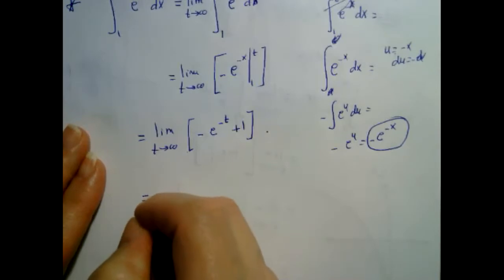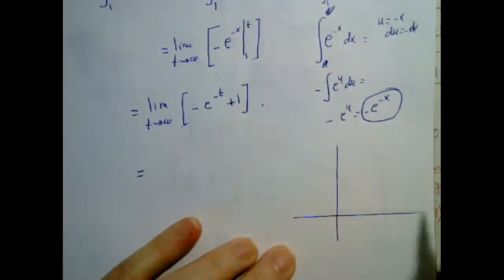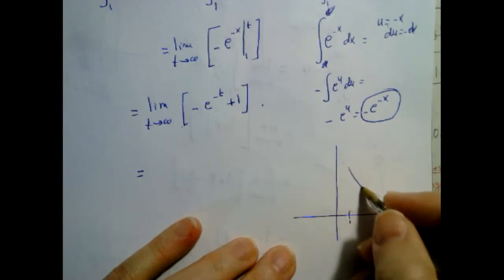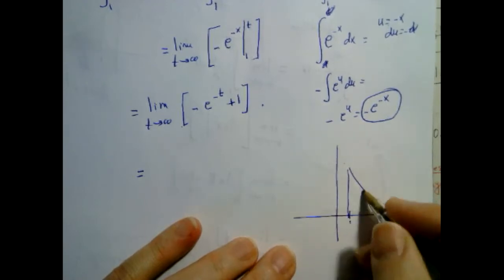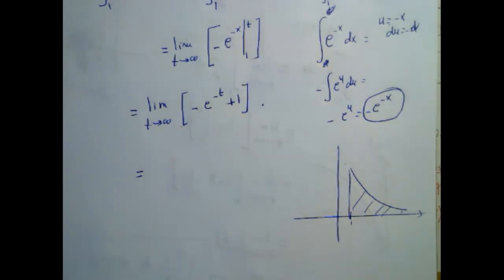What's this limit? This is my graph here, e to the minus x. I don't know why I'm picking 1 every time, I don't have to. The graph is also a decreasing function. Now what's this limit? I'll give you a second to think about it.